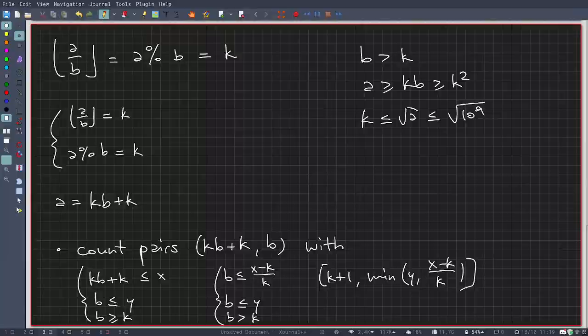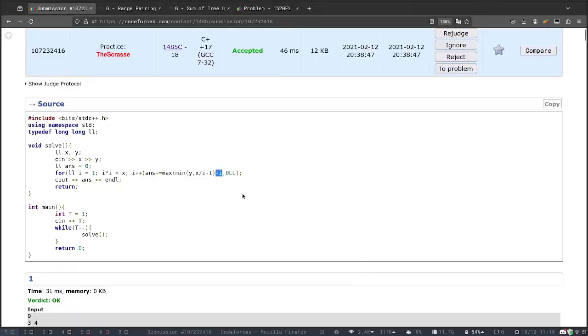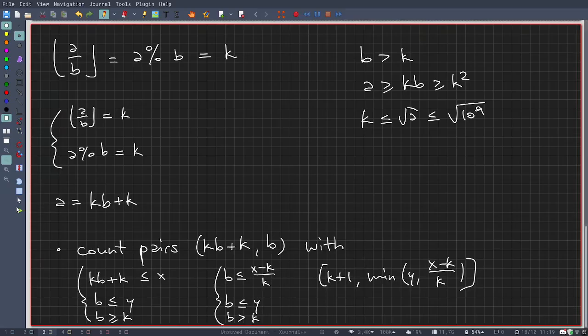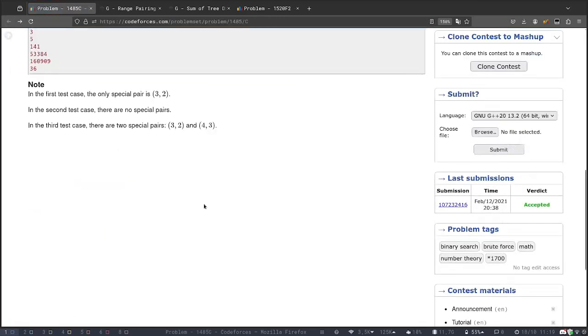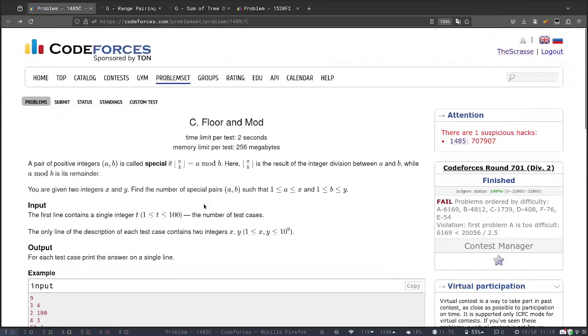So we just remove the first b values, and we calculate the upper bound. By the way, you can redo the calculations. Actually, the hard part is about finding that this is small and this is small.